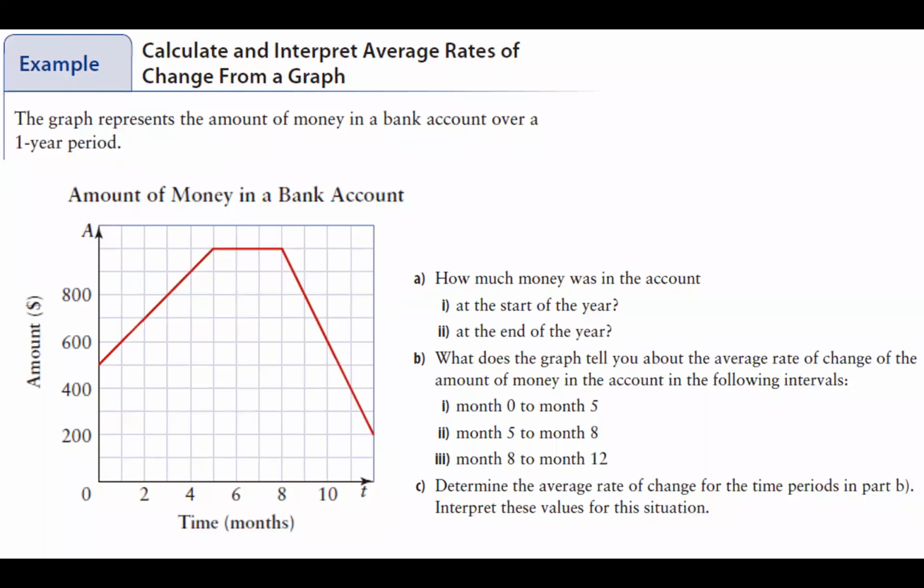Question B, what does the graph tell you about the average rate of change of the amount of money in this account in the following intervals? First, month 0 to month 5. Second, month 5 to month 8. Third, month 8 to month 12. Question C, can you determine the average rate of change for the time periods in part B? Interpret these values for this situation, okay? I'll give you 5 minutes to have a look at these 3 questions. Okay, you can start now. And after that, we'll have a look at the solution together.